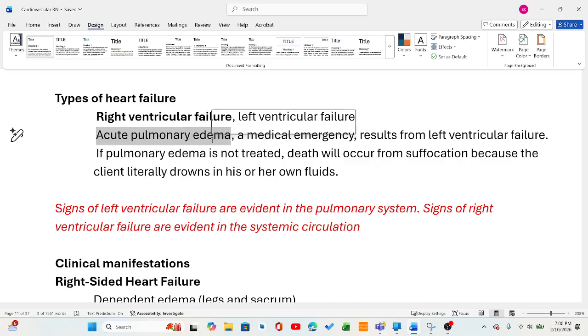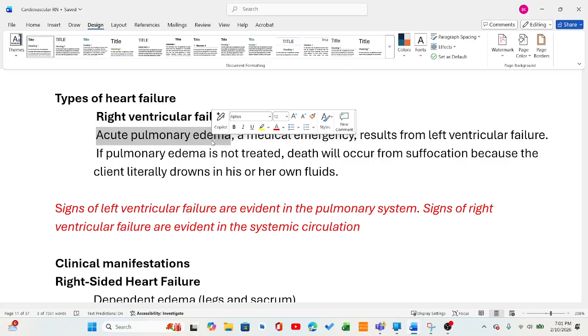When that fails, any blood that is coming from any parts of the body, especially the legs and the head, will not be able to come because the heart is not pumping. So what happens is that they will stay where they are. So with a right-sided heart failure, think about systemic problems. The swelling is going to be in the system. So with a right-sided heart failure, think about the legs.